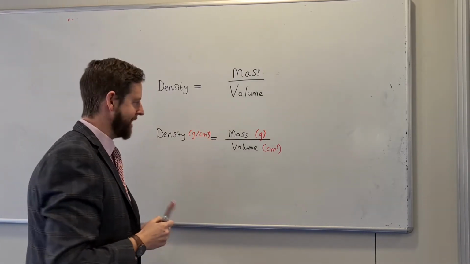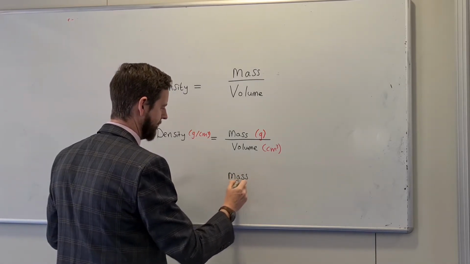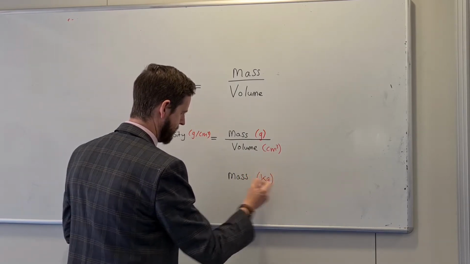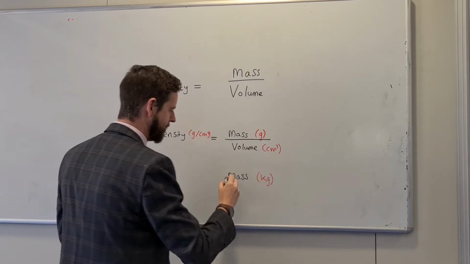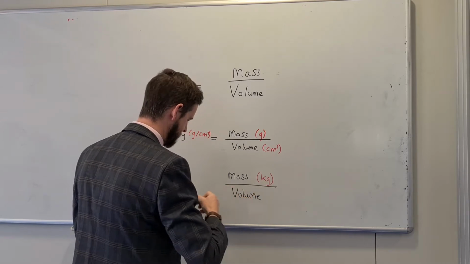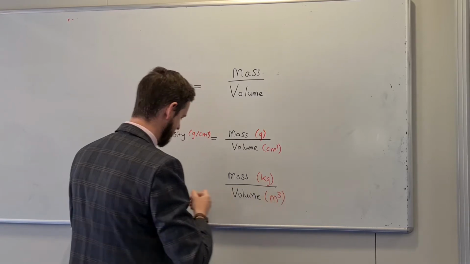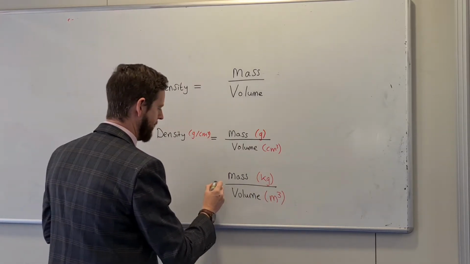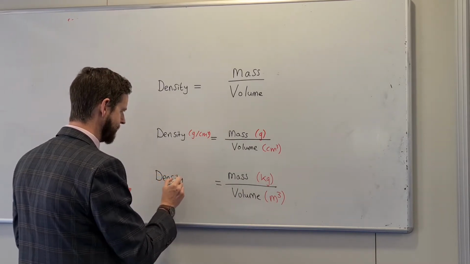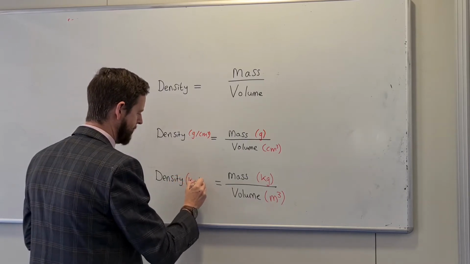But if we chose instead to measure our mass in kilograms, and our volume in meters cubed, then we would end up again calculating density, but this time it would be in kilograms per meter cubed.